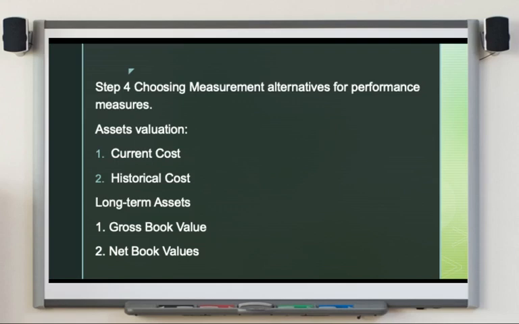Now, in choosing between gross and net book value, you need to understand that depreciations are estimates of decrease in the value of the long-term assets due to time or maybe due to usage. Hence, if it is just an estimate, it may still be subject to error or incorrect judgment. And so you may use either the gross book value or the net book value for your long-term assets.